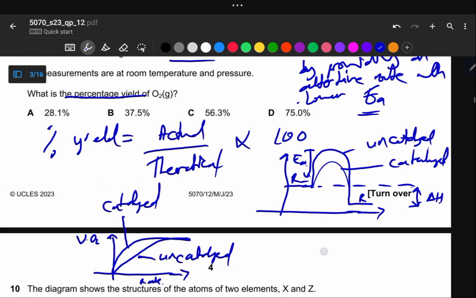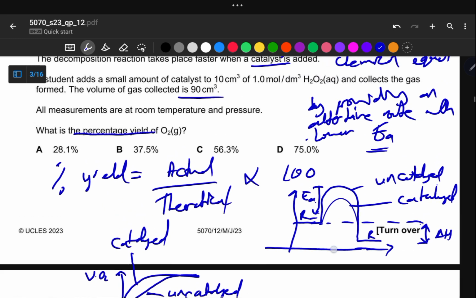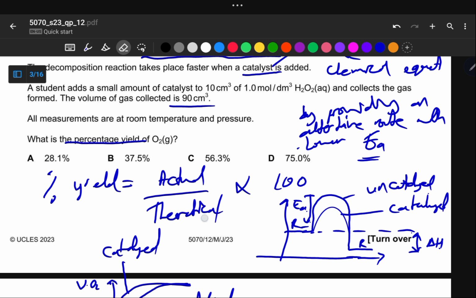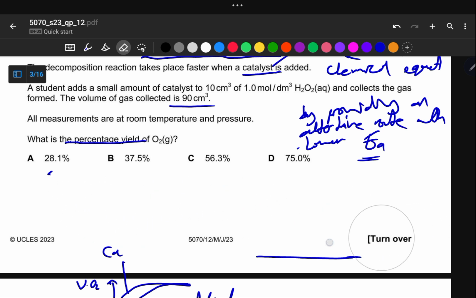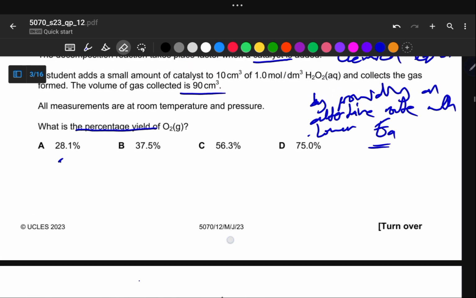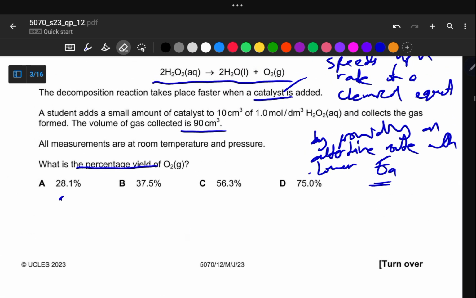So we are now moving on to the question for this paper. Here we are being examined on the percentage yield, right? For the percentage yield, we are going to write the equation for the reaction: 2 moles of hydrogen peroxide giving 2 moles of water plus 1 mole of oxygen.